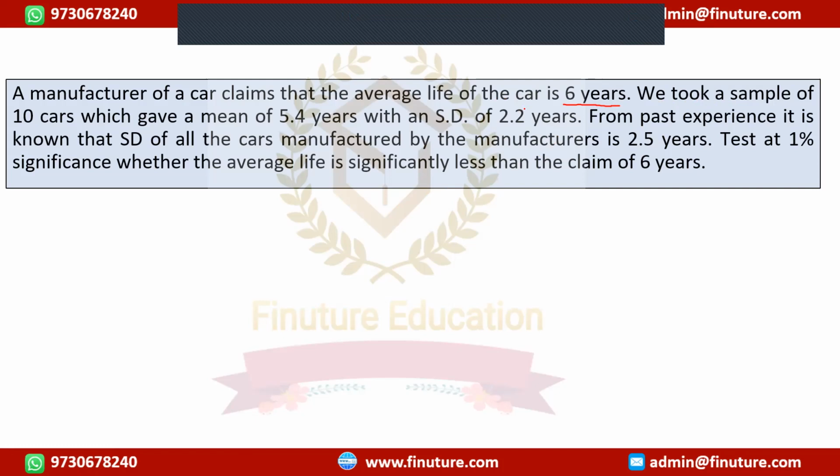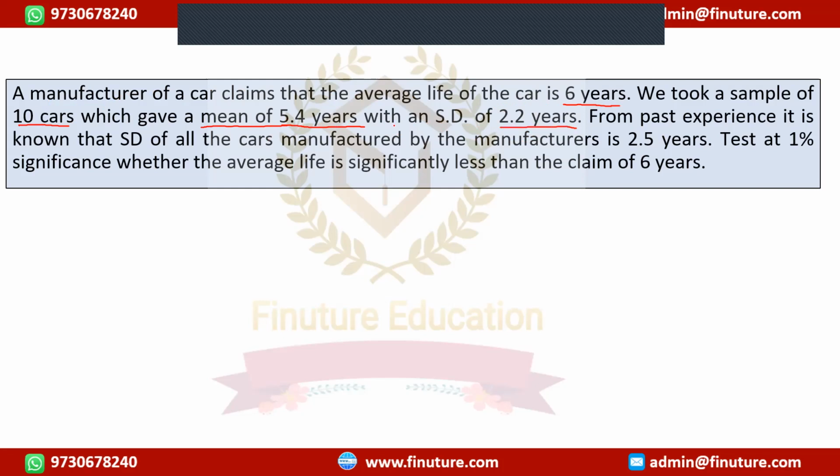To verify his claim, we took 10 cars, and from that sample we saw that the average life of the car was 5.4 years, whereas the claim from the manufacturer was 6 years. And our sample, that was 10 cars, had a standard deviation of 2.2 years.